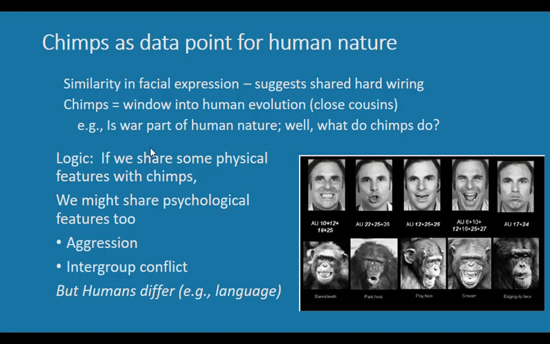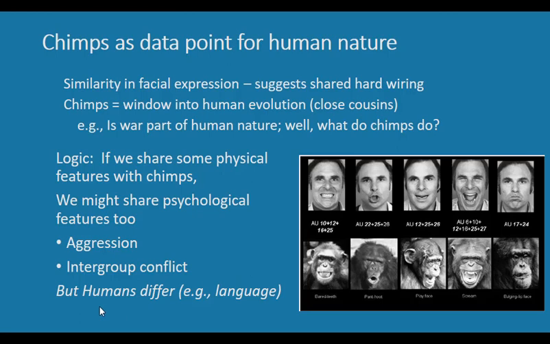And in fact, we will see some similarities in terms of the way they use male coalitionary violence. Okay, so the logic is if we share some of the physical features of the chimps, then we might share some of the psychology too. So we can learn something about our own tendencies towards aggression and intergroup conflict by understanding what's going on with chimps.